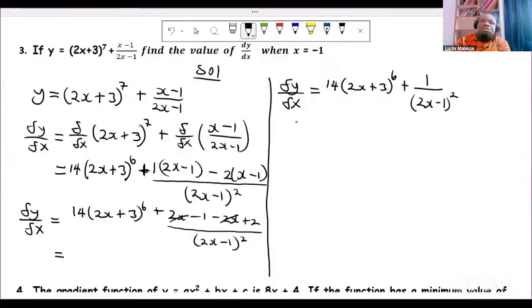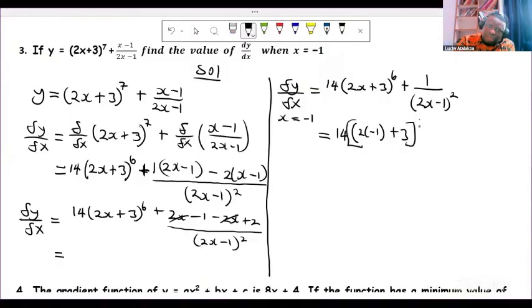Good. So we were told to find dy/dx at x equals minus 1. So everywhere we see x, I'm going to put minus 1 there. So 2 times minus 1 plus 3, everything carrying a power of 6, plus 1 over 2 times minus 1 minus 1, again everything carrying a power of 2.